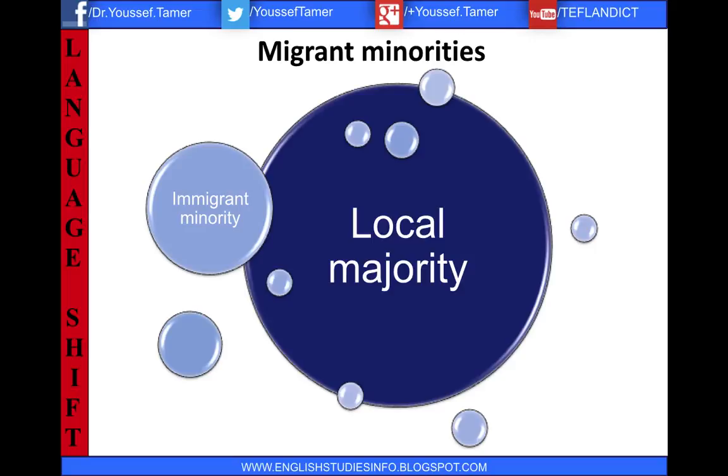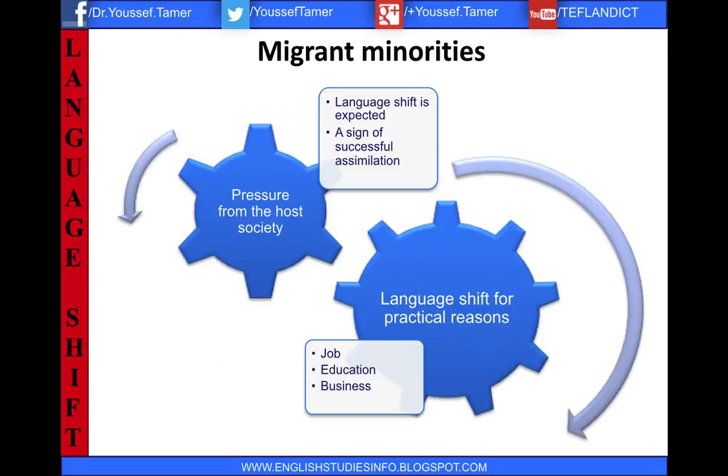And this story of language shift has reasons. It doesn't just come like that. There are reasons behind this language shift that happened to these generations of immigrant minorities in Europe.